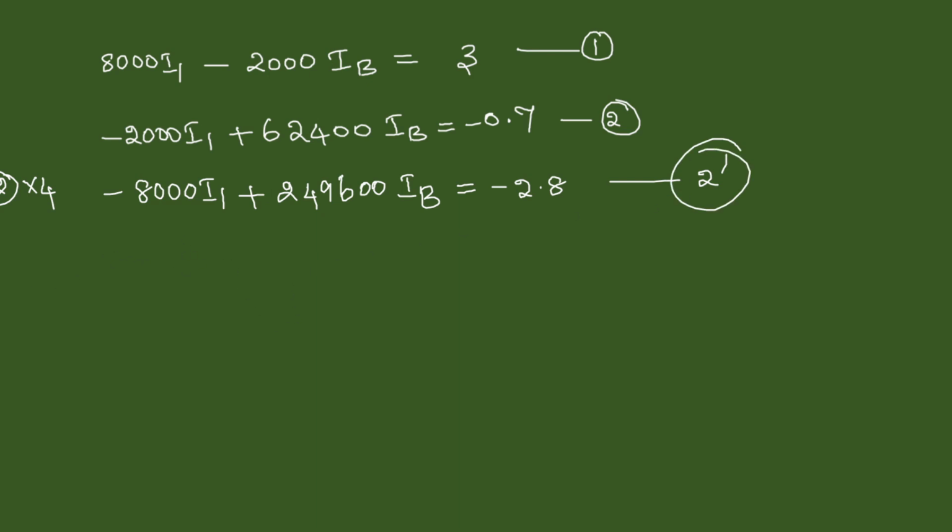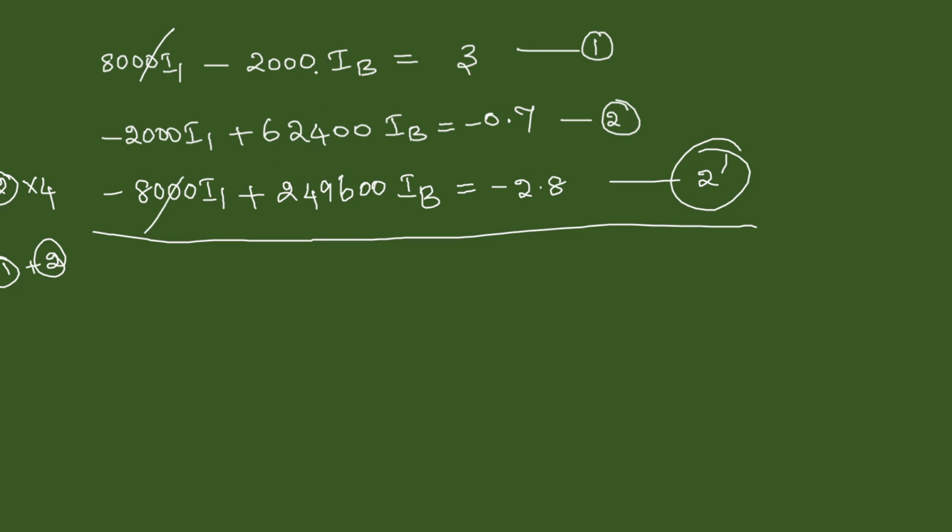So now we have to add this first equation with the second equation. So what do we get? These two get cancelled. So when you find the difference of these two, we'll get 247,600 IB, and this is equal to 0.2. So what is our IB?